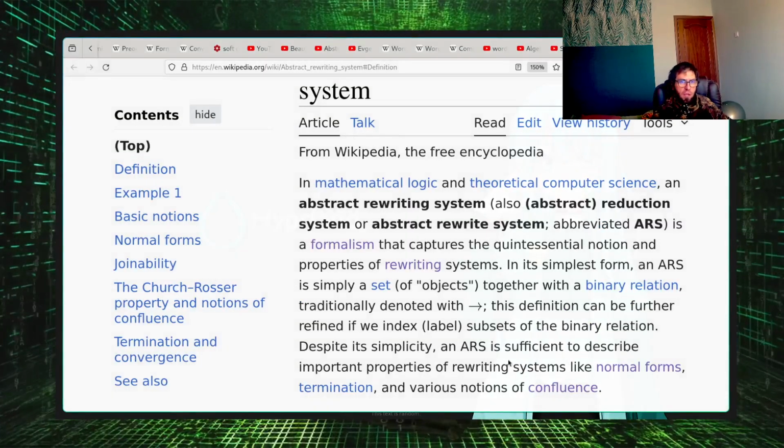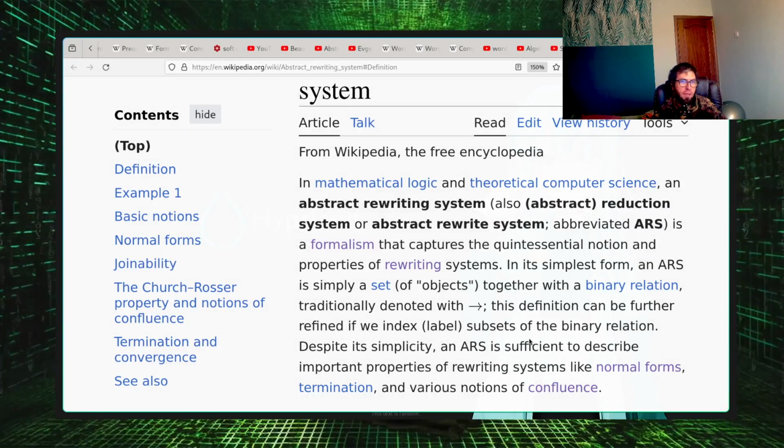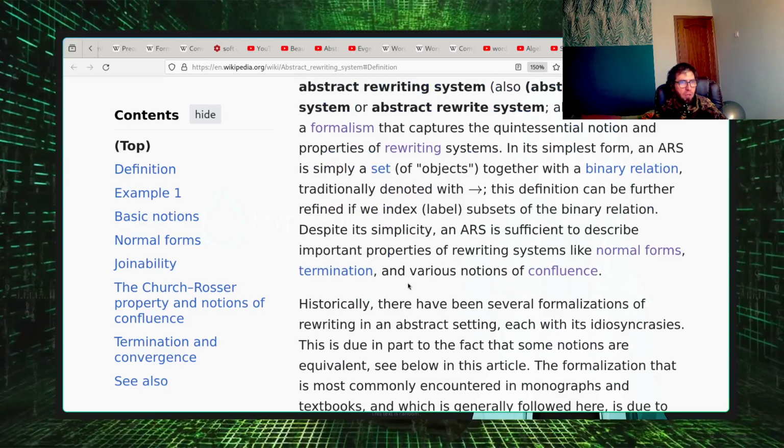This definition can be further refined if we index or label the subsets of the binary relation. Despite its simplicity, an ARS is sufficient to describe important properties of rewriting systems, like normal forms, termination, and various notions of confluence.